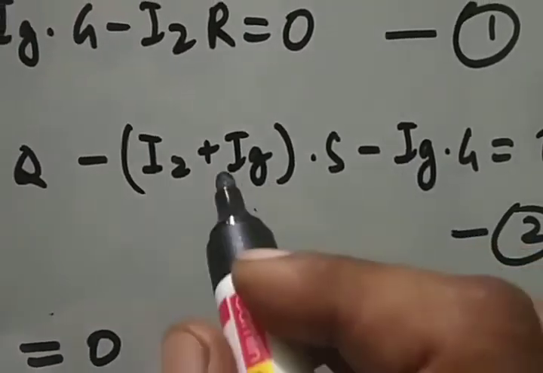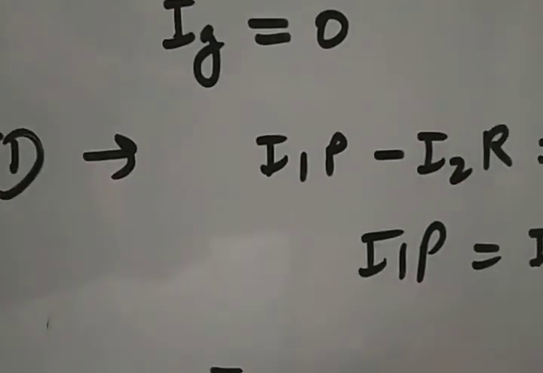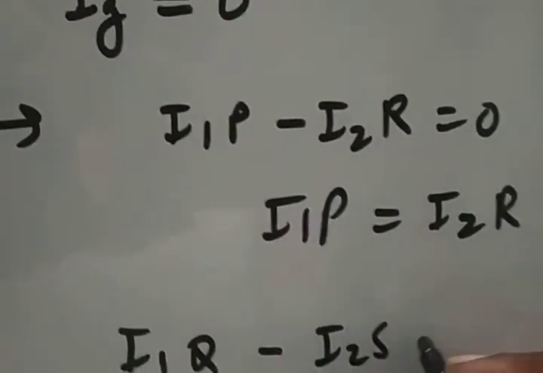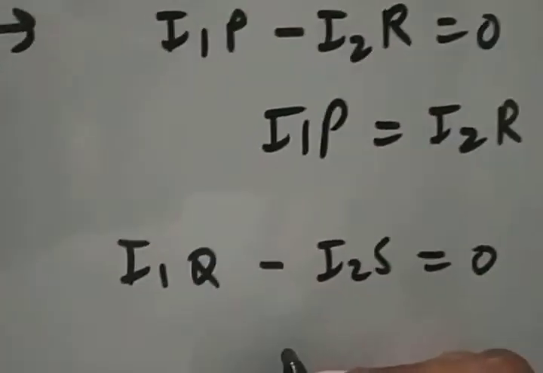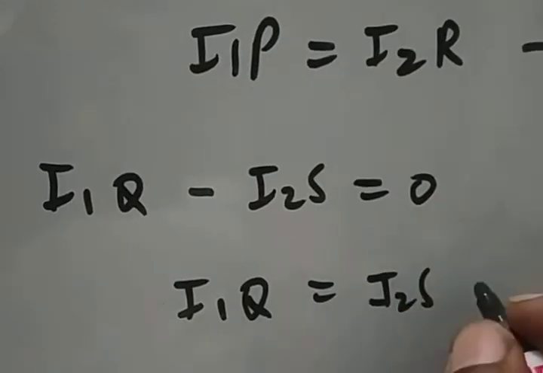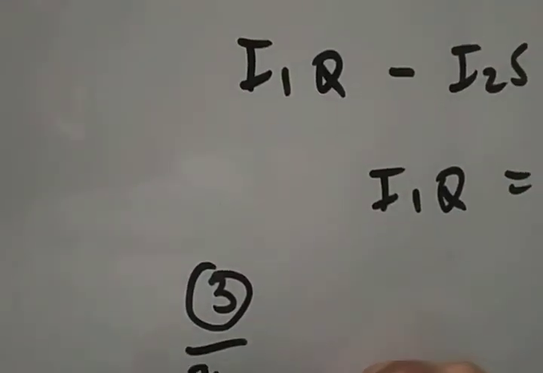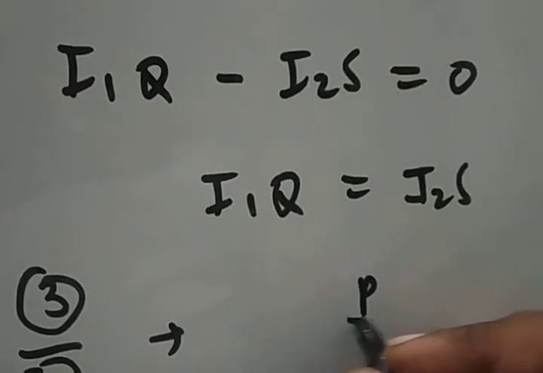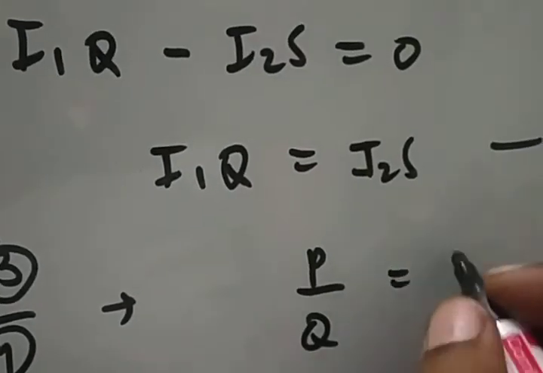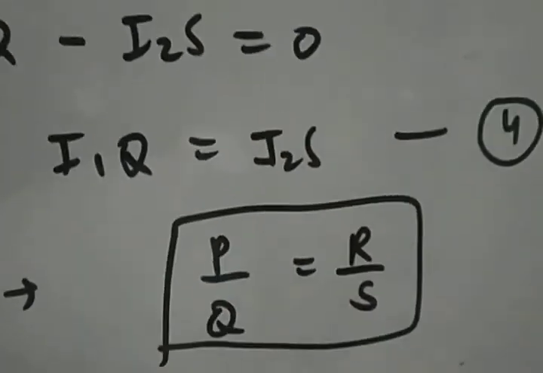And similarly equation 2, we put IG as 0, so it will be I1Q minus I2S equal to 0, that is I1Q equals I2S. Equation 4. We divide equation 3 by equation 4. So we get P upon Q is equal to R upon S. This is the proof of the Wheatstone bridge principle.